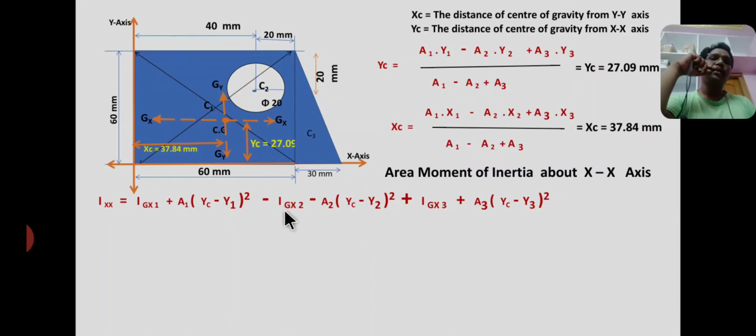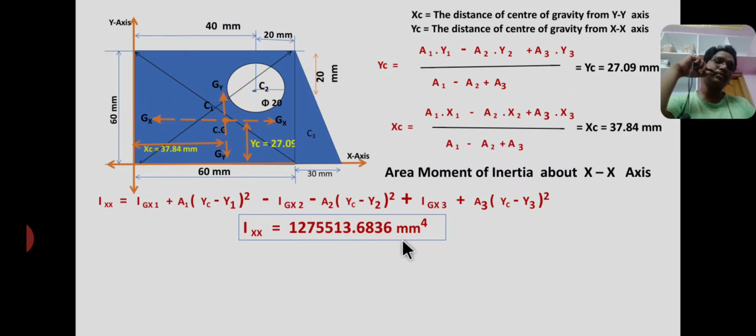Here negative sign for IGX2 and area 2, these two values for the hollow circle. In inertia also we have to consider negative sign for hollow sections. And the answer is Ixx equal to 1275513.6836 mm power 4.